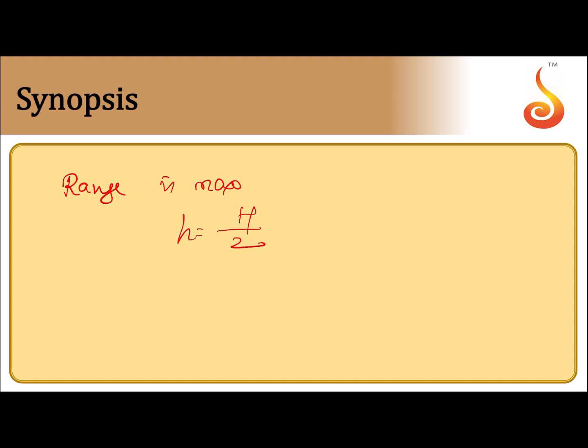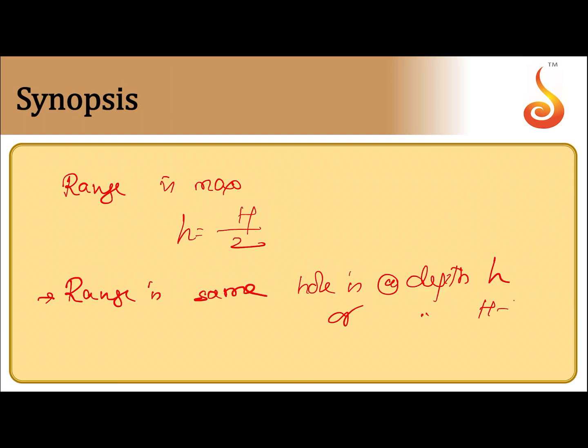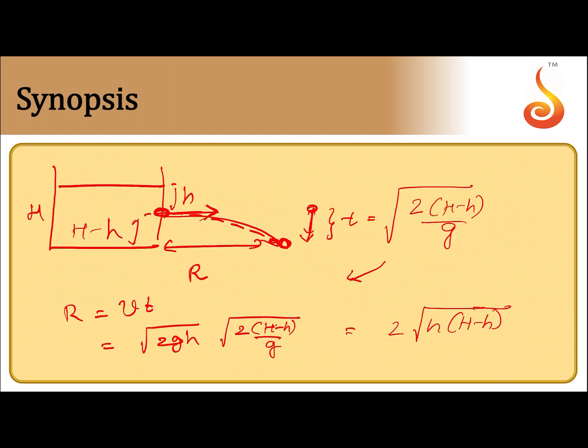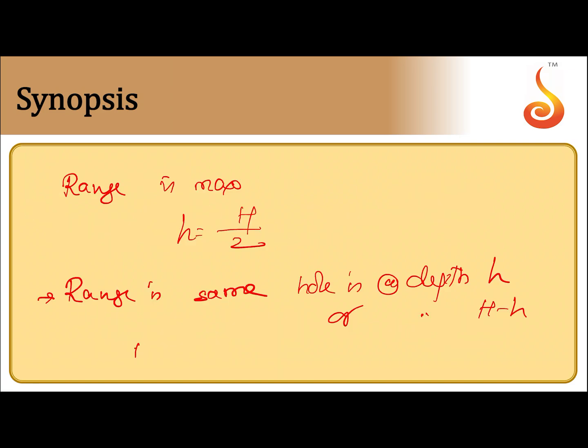This range is same whether the hole is at a depth of h or H minus h. You may notice that the range is same whether the hole is at a depth h or at a depth H minus h. So the same equation tells us the same thing, because the range is given by 2 root of h into (H minus h).